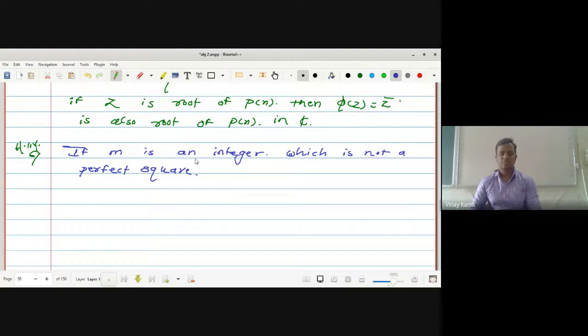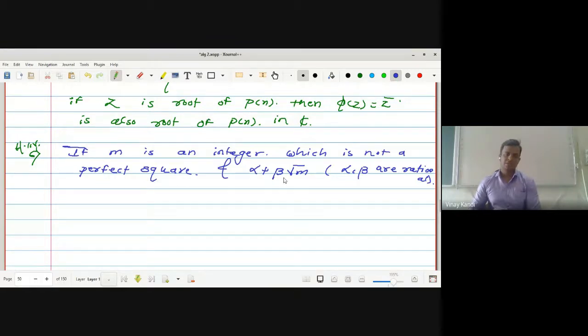Here m is an integer but not a perfect square, so its square root will not come out exactly. And alpha plus beta root m, where alpha and beta are rational numbers.